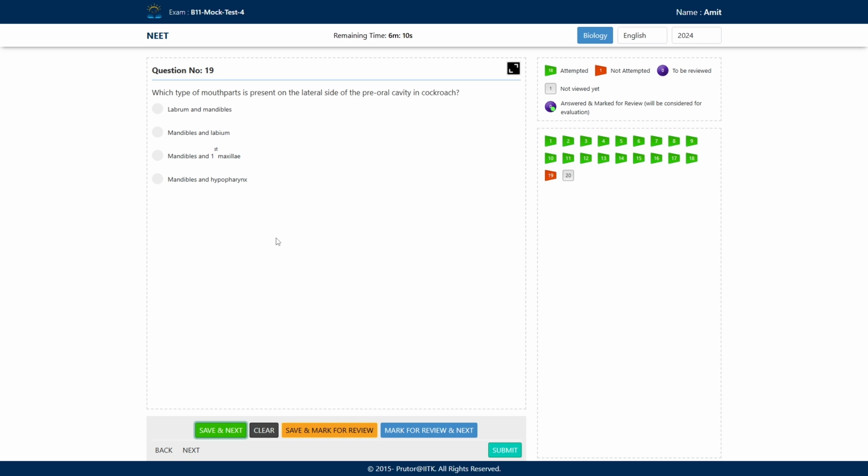So, the correct answer is the mandibles and the first maxillae. There you see the formation of the preoral cavity in the case of cockroach, right? So, mandibles and first maxillae will form the preoral cavity in the case of cockroach. So, we will save this.